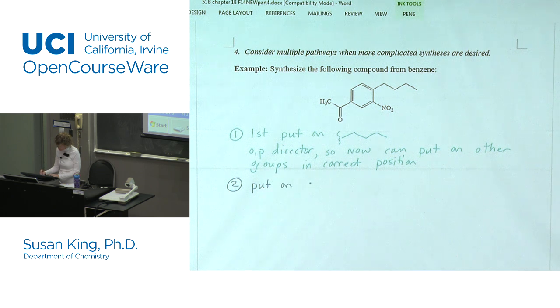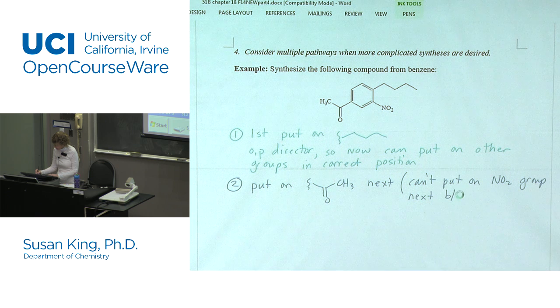So we're going to put on the acyl group next. Can't put on the nitro group, because there's no Friedel-Crafts with a nitro group on the ring.